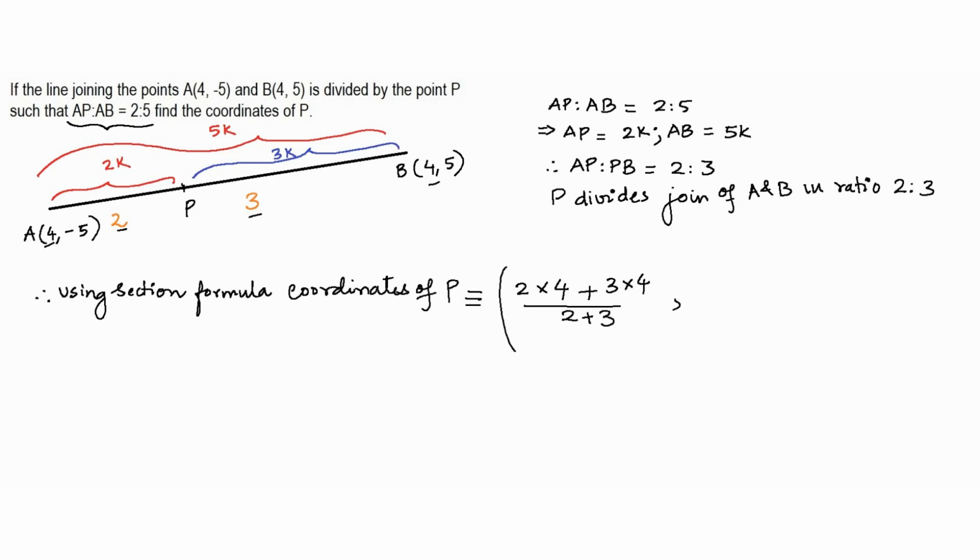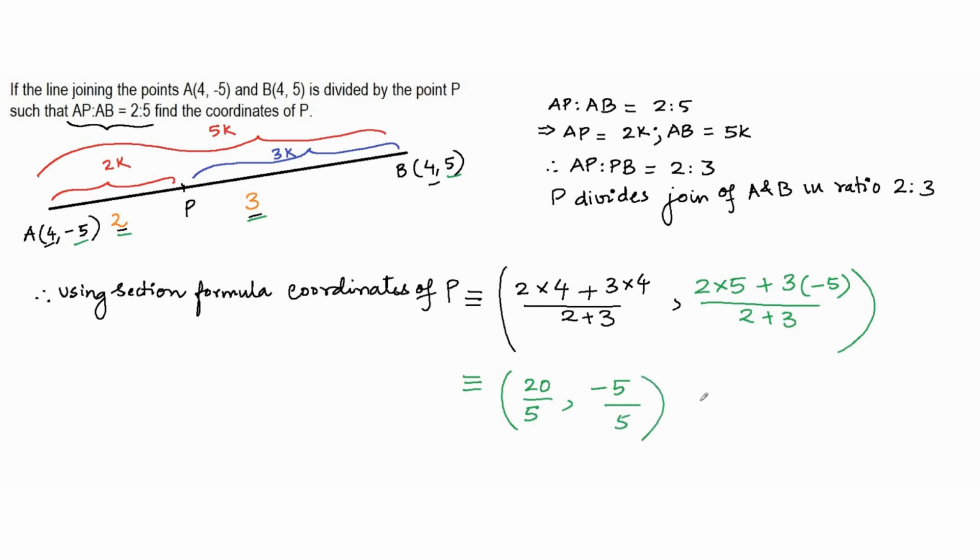If I want to find the y coordinate, I will multiply 2 with the y coordinate of B, that is 2 multiplied by 5, plus 3 multiplied by minus 5, divided by 2 plus 3. If you calculate this, this is going to be (8 plus 12) that's 20 upon 5, comma, (10 minus 15) is minus 5 upon 5. And therefore this coordinate is going to be 4, comma, minus 1.